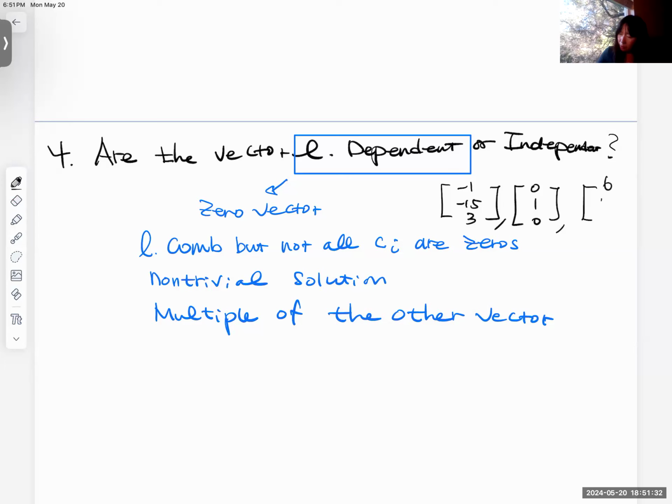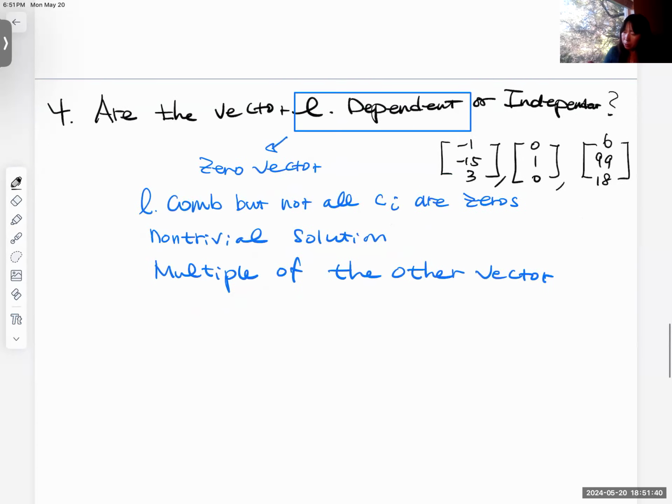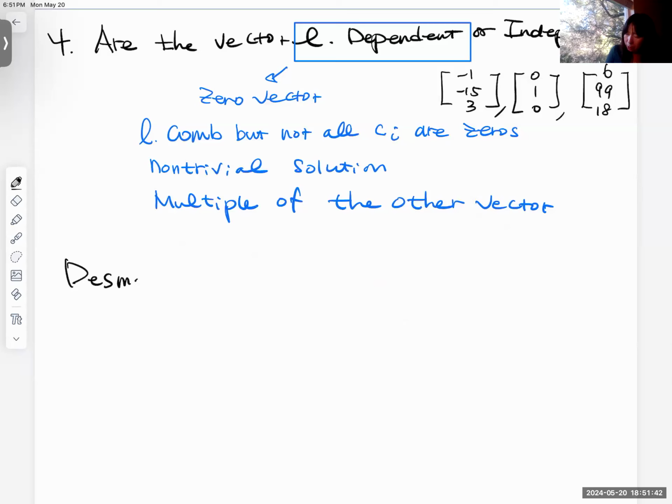So 6, 99, 18. Okay, so we can find the solution, right? So let's say using decimals. So -1, -15, 3, 0, 1, 0, 6, 99, 18.